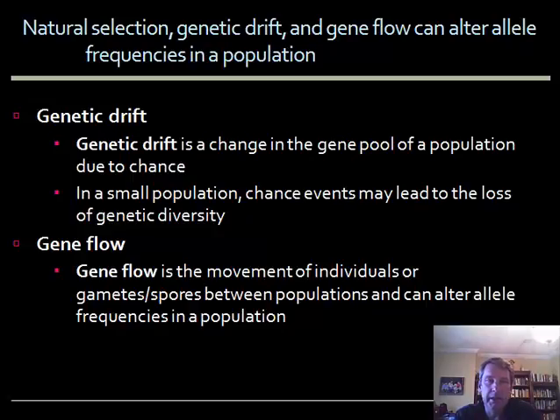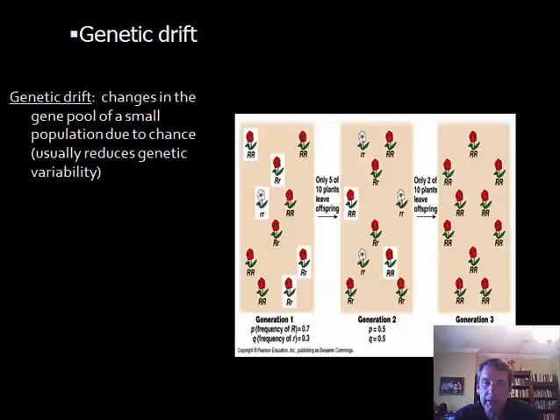Some specific examples of genetic drift. Here's an example with flowers, a particular trait of flower color. The dominant trait is red, the recessive trait is white. You can see there are just a few recessive alleles in the population in this first generation, and in the second generation maybe a few more are being passed on.